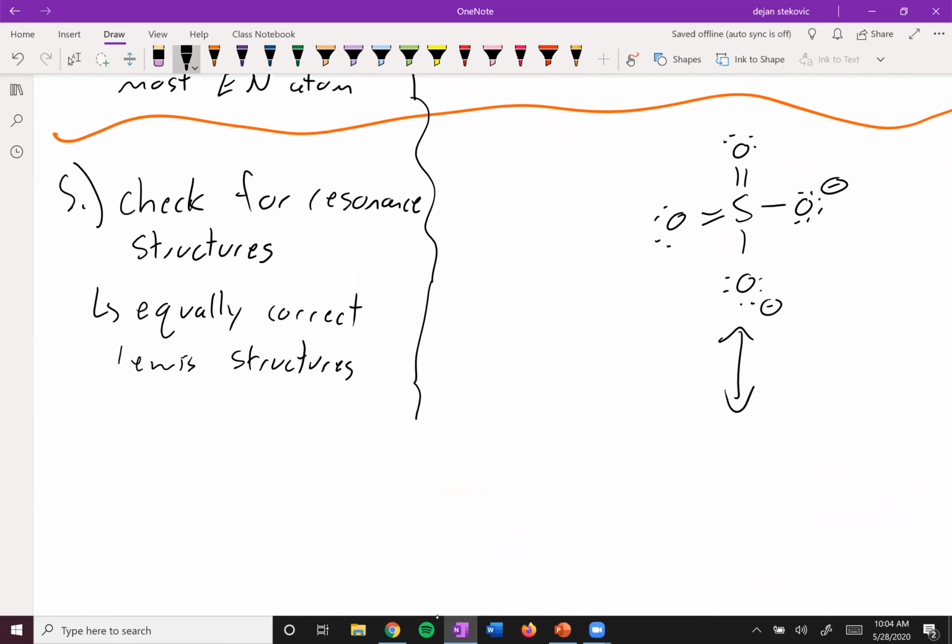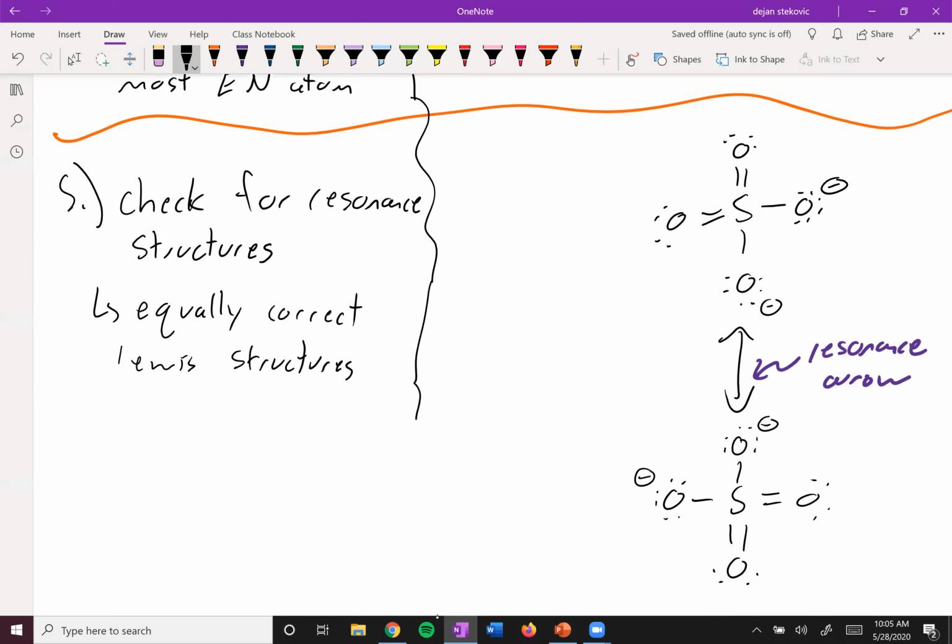So we can draw a resonance arrow. That's what this is. Right, where now our double bonds are coming from the other oxygens instead, right? So these are now single bonds, and then the other ones are double bonds. You see both of these structures are equally correct.